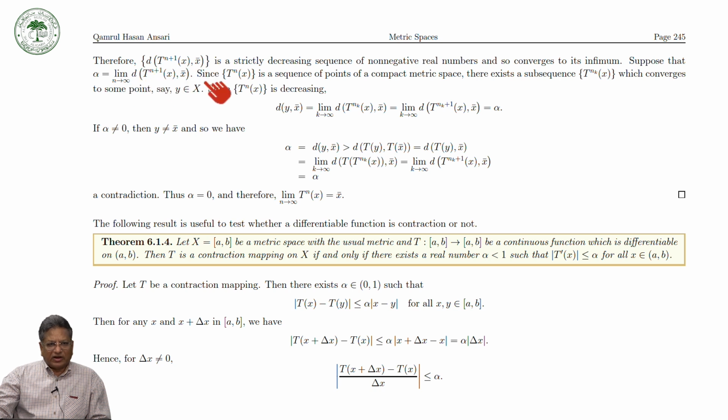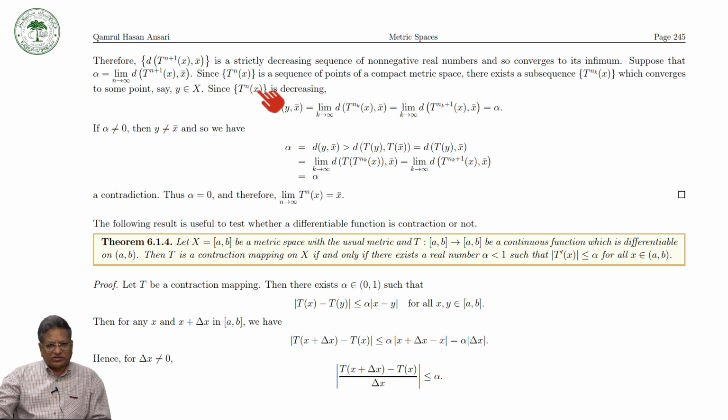Now, T^n x is a sequence of points of a compact metric space, because T is a map from X to itself, and X is compact. In a compact metric space, every sequence has a convergent subsequence. So there exists a subsequence T^(n_k) x which converges to some point, say y.